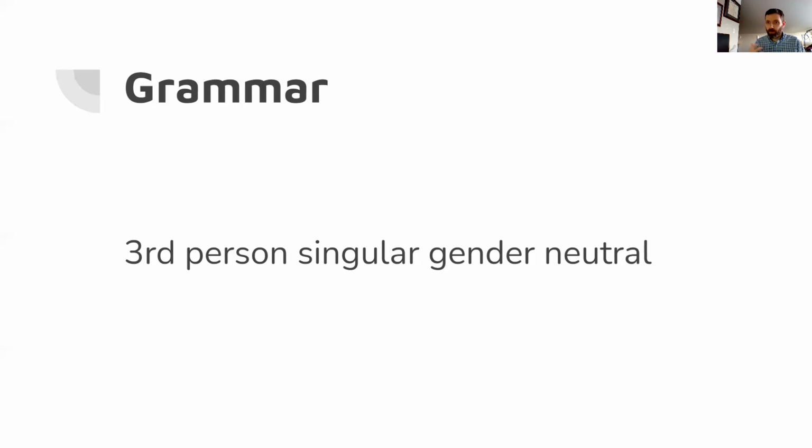And so there has been a push culturally to find a third person singular gender neutral pronoun for maybe people who don't identify in the binary categories that we have of male and female. And the truth is, we don't need to invent a new one. Some people have tried proposing new ones like "thon" or "hir" or something, but we've already got it. We've got they. Now we've been using it for decades as when we don't know the gender of someone and it's more of an abstract kind of reference.